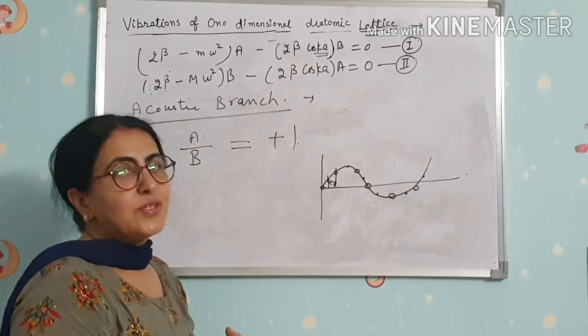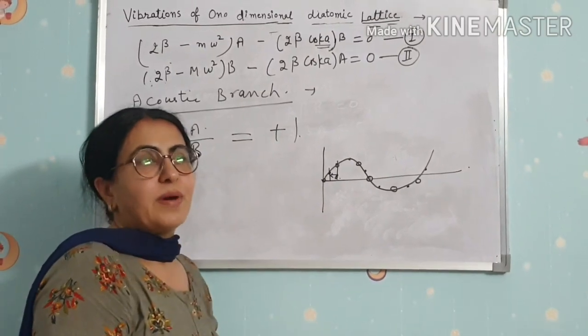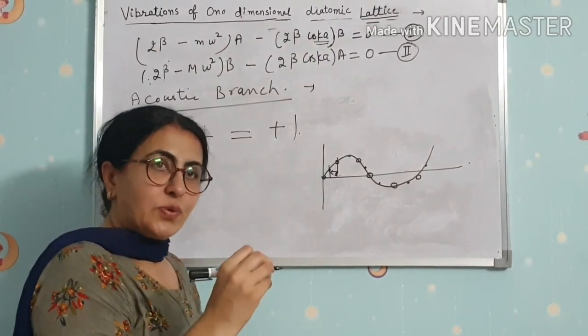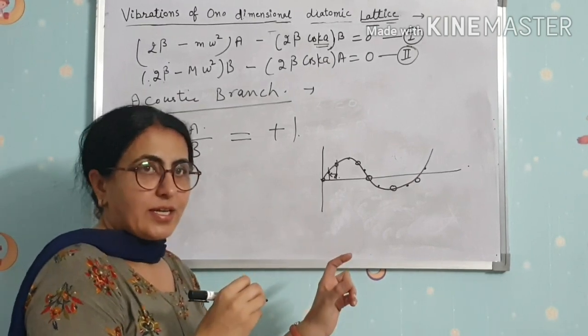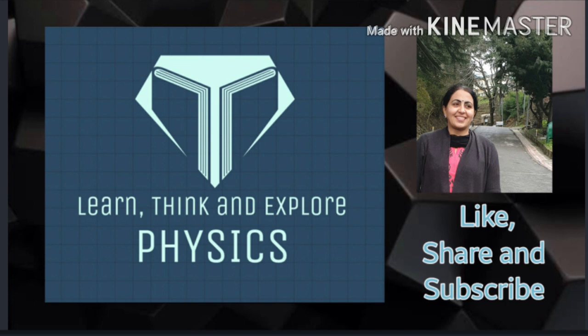And third, the first Brillouin zone is between minus pi by 2a to plus pi by 2a, the values of k. Clear? So thank you very much for your patience.